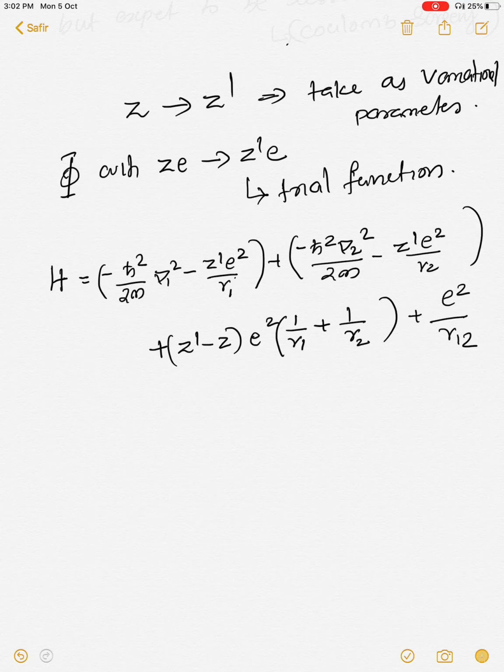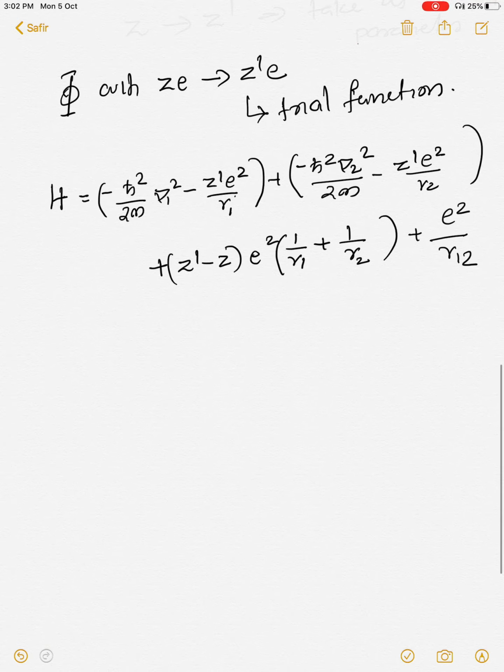This is the total Hamiltonian of the helium atom. Here I need to find the expectation of H with respect to the trial wave function. This is what I am going to do.